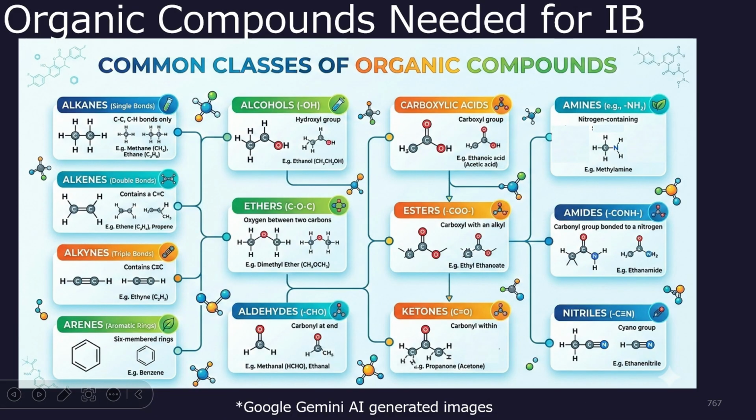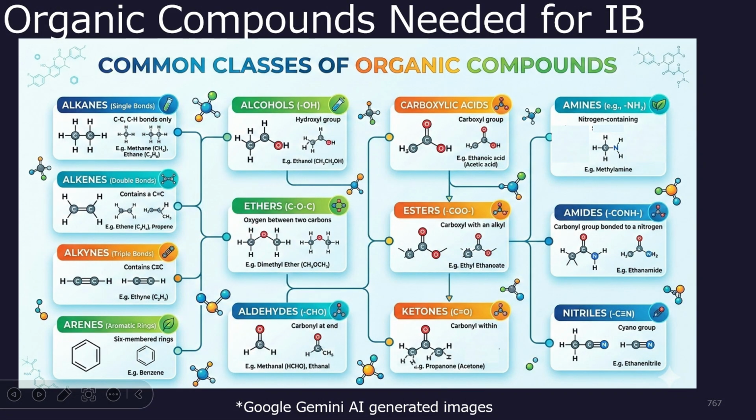So here are basically the ones that I would recommend that we learn for IB. It's a nice little summary slide made with Google Gemini. If you really zoom in on these, you might find a few weird sections, but I tried to fix most of the big errors. If you see any others, let me know. I can put it in the description.